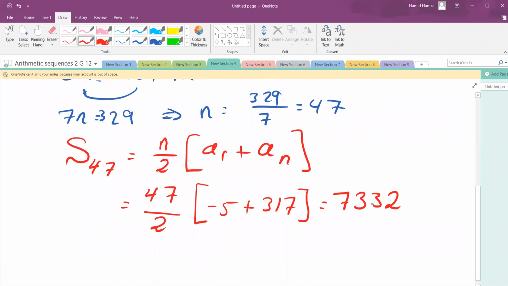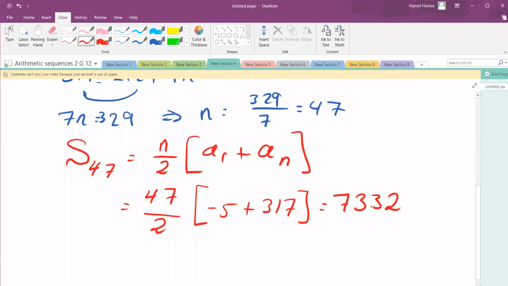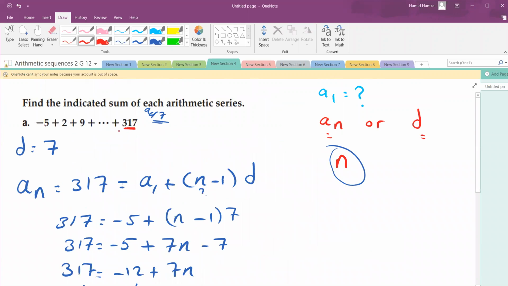So this is the sum of 47 terms of a sequence. So again, to start finding the sum of an arithmetic sequence, you need to know the first term, which is very important, and the number of terms, which is very important, and either the last term or the common difference.